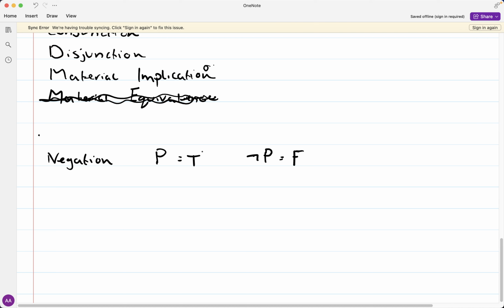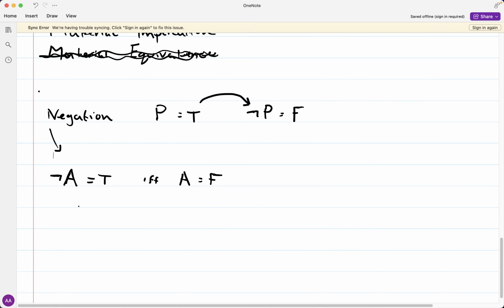If we just take a generic proposition A, we will say that the negation of A is true if and only if A on its own is false. That is the definition of the negation in propositional logic.